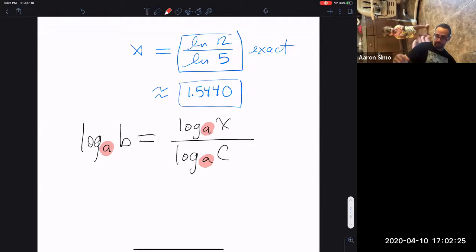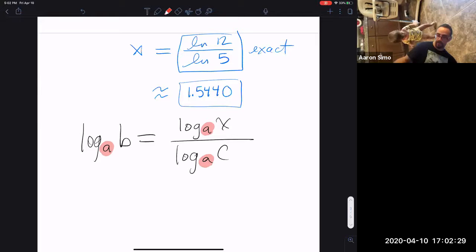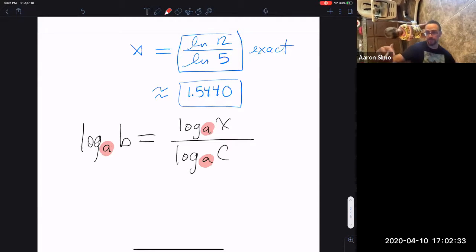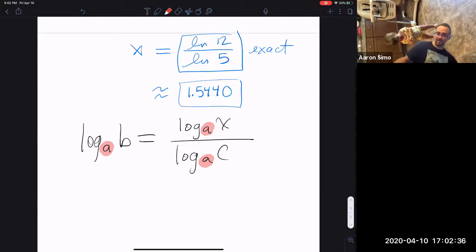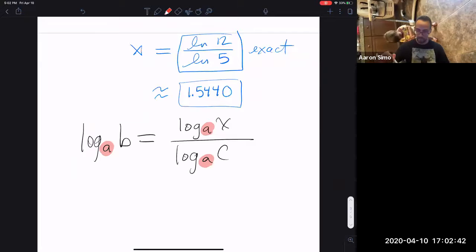So think about that. You need to change the base. Let's say you want to change the base to base C. What would you do?